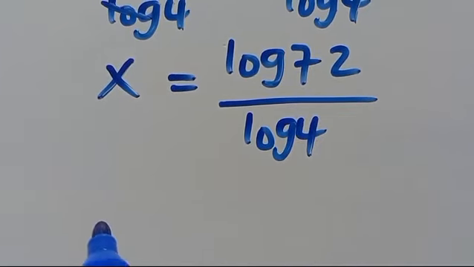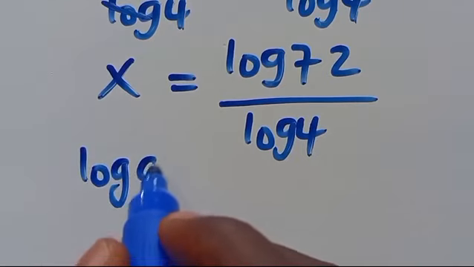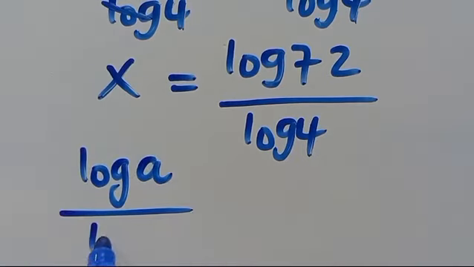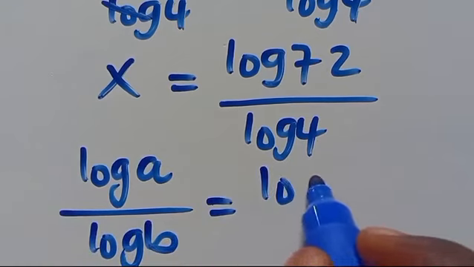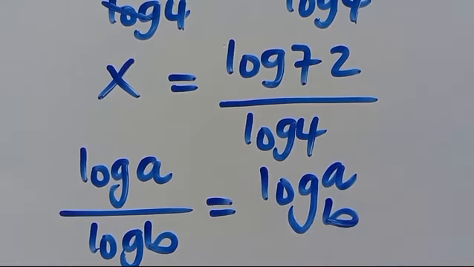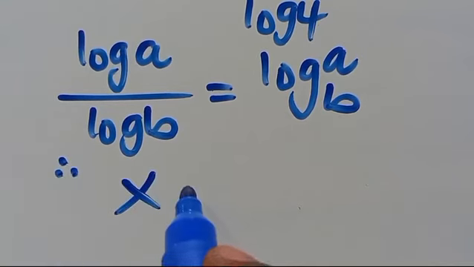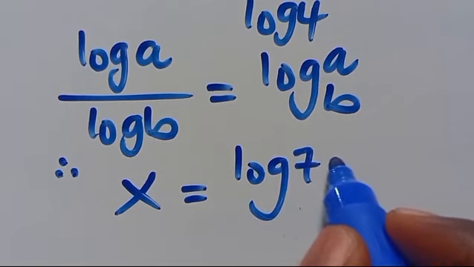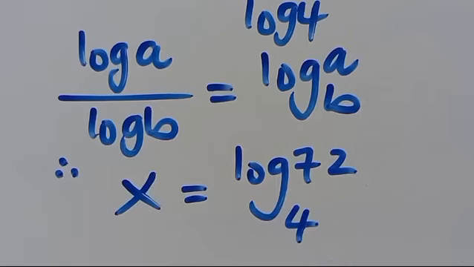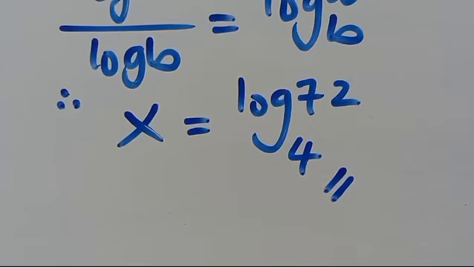Then from here, when we have log a over log b, we have this to be log of a in base b. So finally, we have x to be log 72 in base 4 as the final solution.